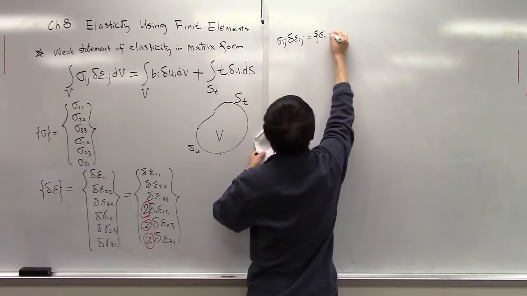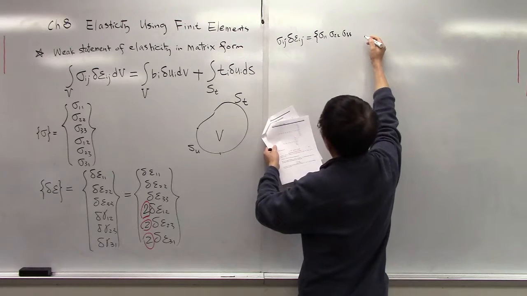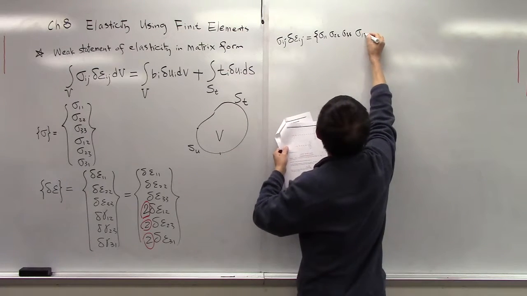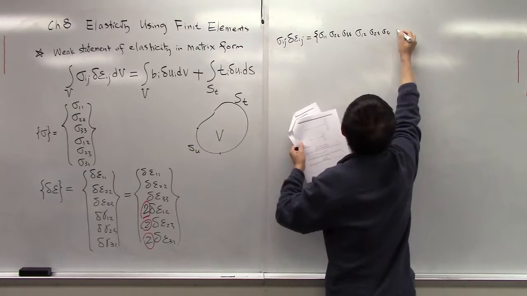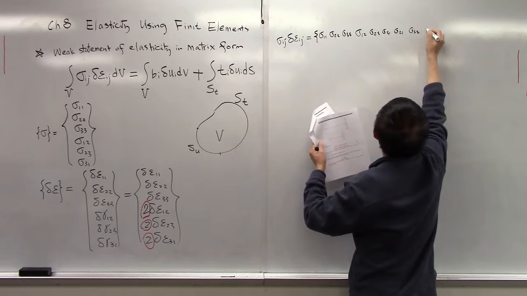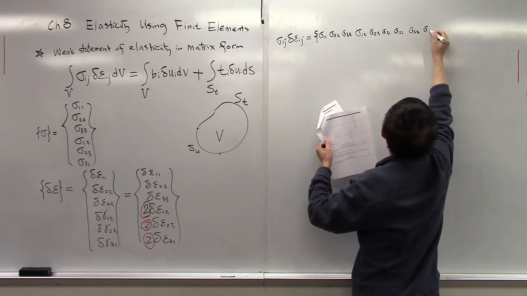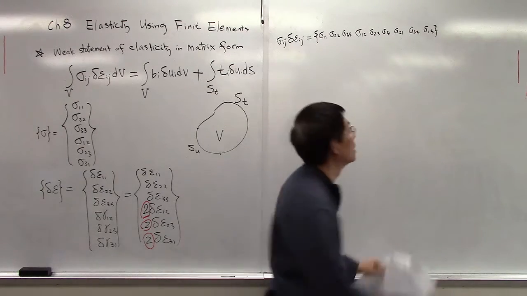Sigma 1,1, 2,2, 3,3, and sigma 1,2, 2,3, 3,1, and you also have 2,1, 3,2, 1,3. You really have 9 components.